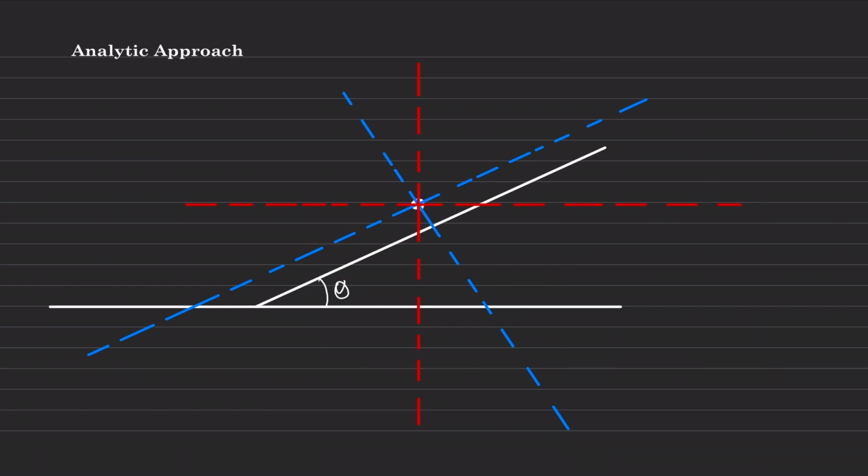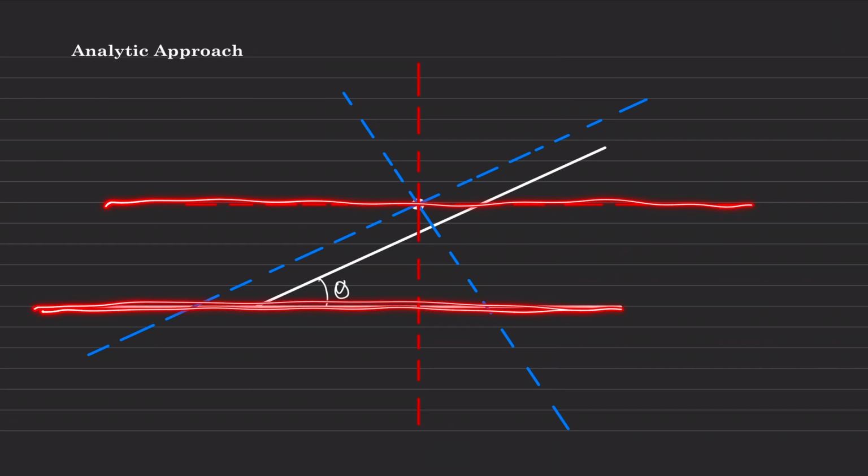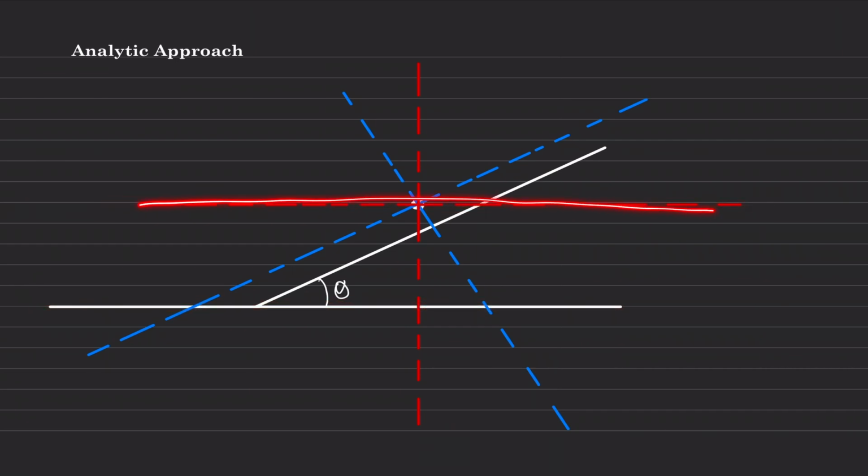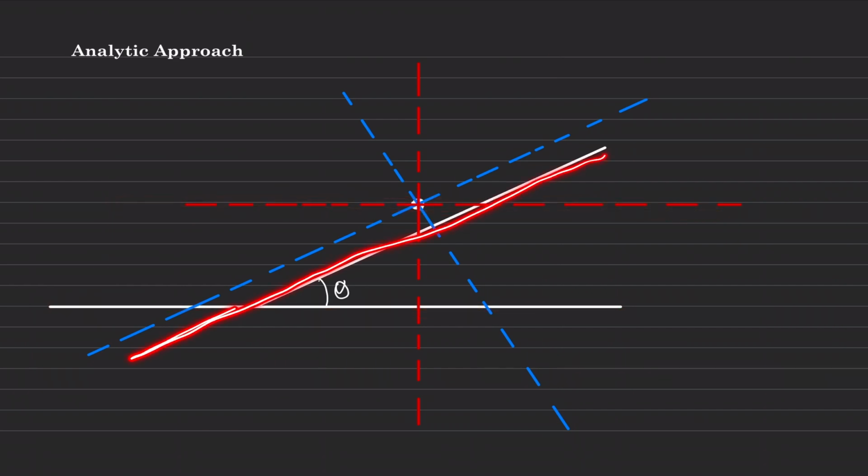Okay, now let's consider this red line here and this white line. The white line represents our ground, and the red line represents a parallel line to that. Now, notice we have this red line being parallel to that, but that line is being intersected by this white line, which is the line of our incline.